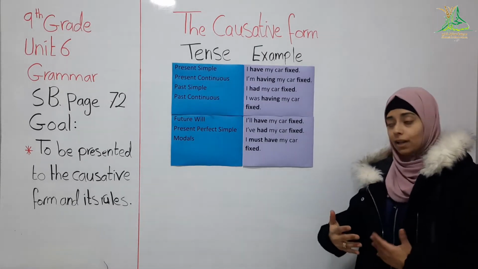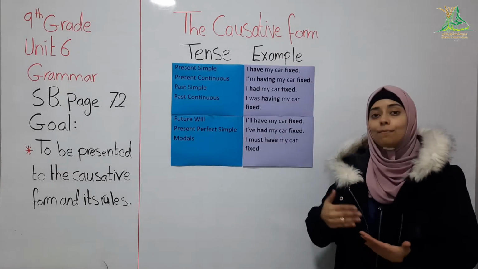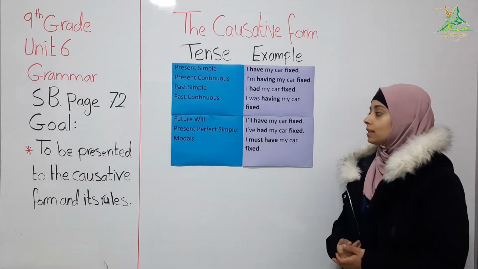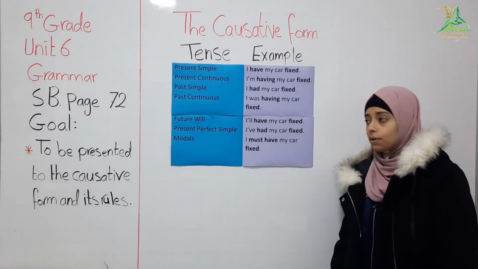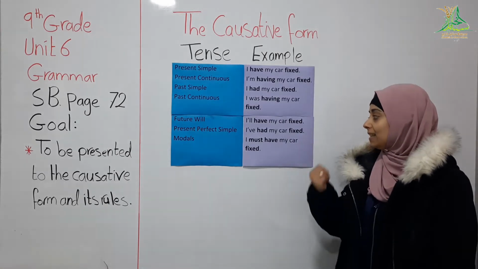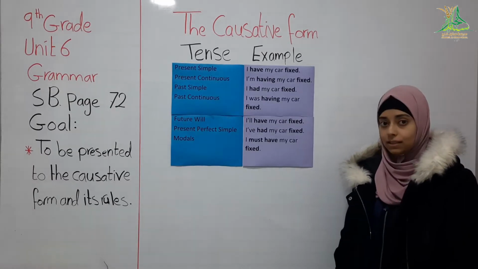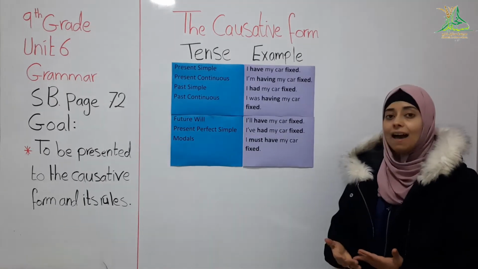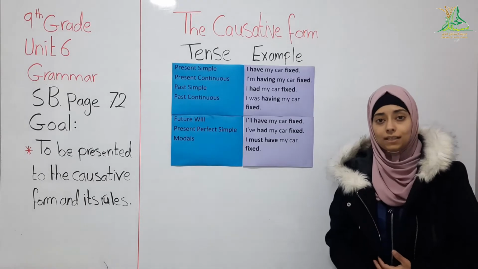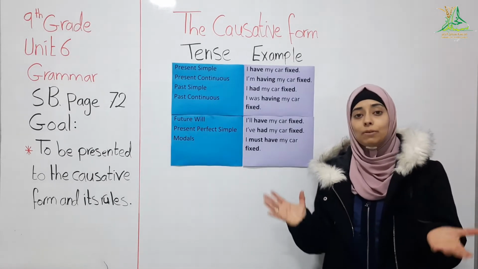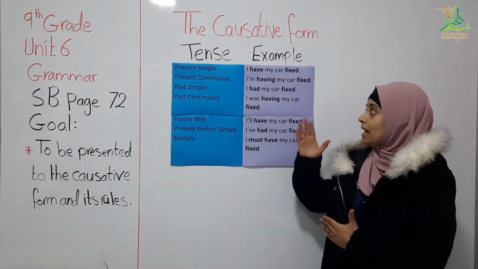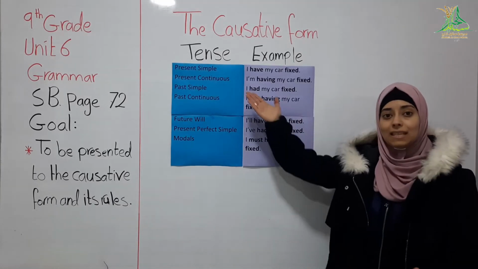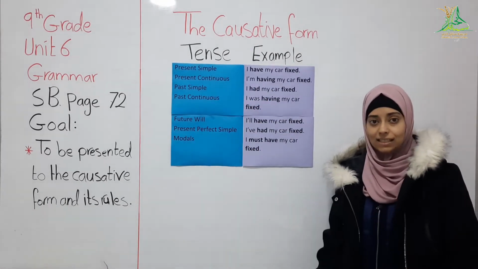And future with will, I'll have my car fixed. Present perfect simple, I've had my car fixed. And with the modals, we say, I must have my car fixed. So these are examples of the use of the causative form in these different tenses.